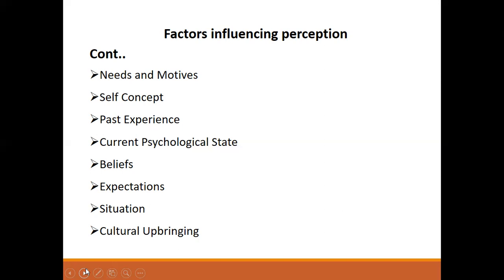Then current psychological state. The psychological and emotional states of an individual are likely to influence how things are perceived. If a person is depressed, then he perceives the same situation differently than if he is elated.